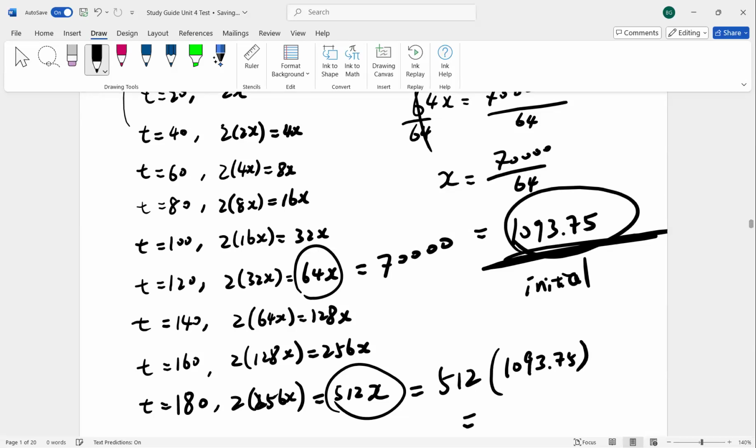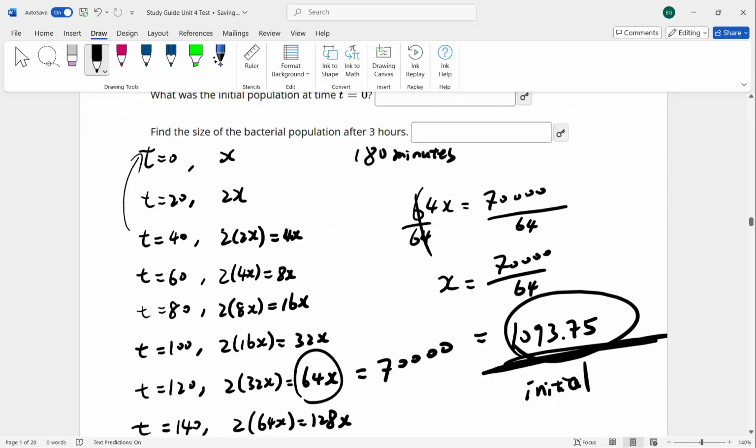Let's see what that equals. Times 512 is 560,000. We shouldn't write K, it's not money. 560,000.